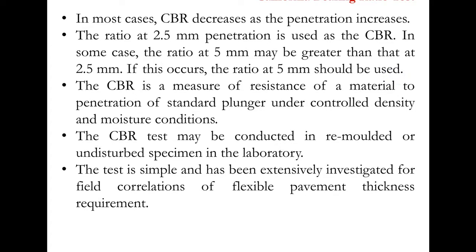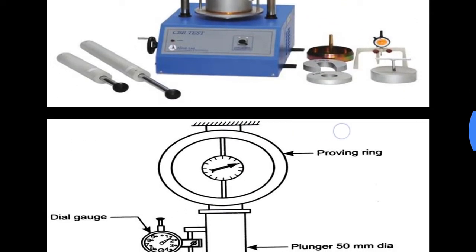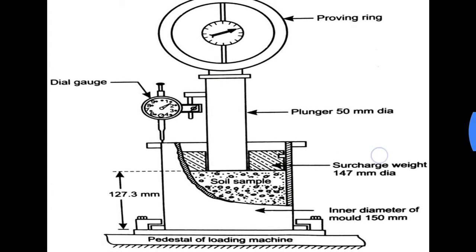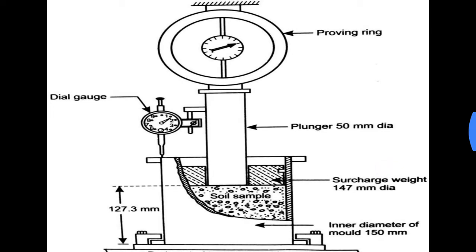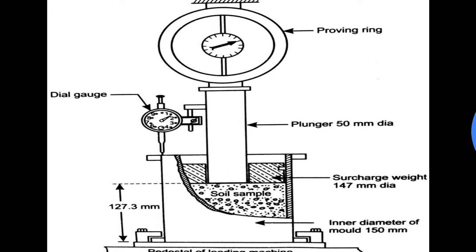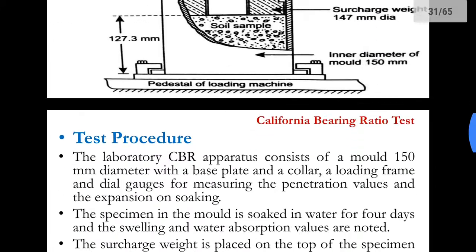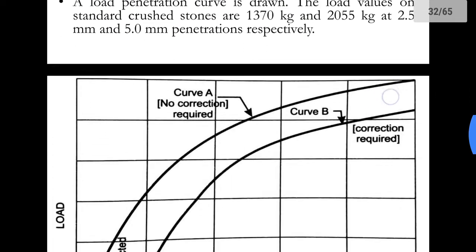So now let us see what this 2.5 mm penetration and 5 mm penetration are. What we are doing is we are increasing the load and we are observing the penetration. At some increase in load there is some penetration, and as we go on increasing the loads, the penetration will also increase. So what we do is we plot a graph.